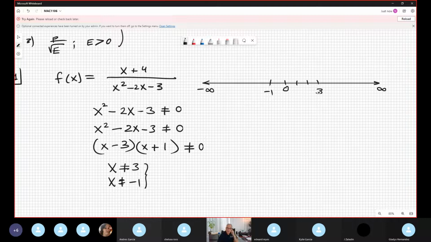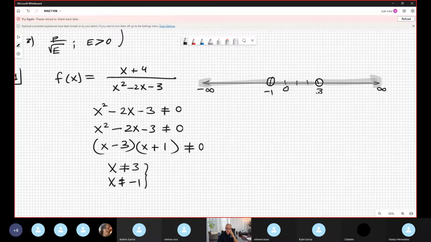Therefore, our domain is any value from negative infinity to negative 1. At negative 1, we have a hole. And we continue from this to 3, where we have another hole. And from 3 to infinity. Now, basically, we have here one hole, and here another hole.